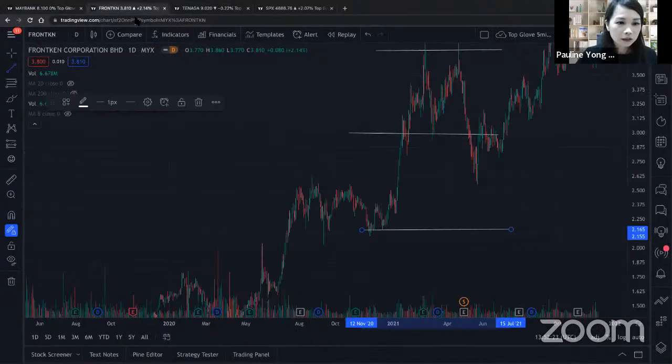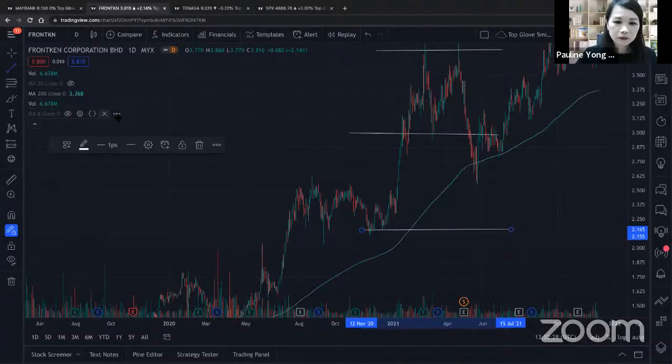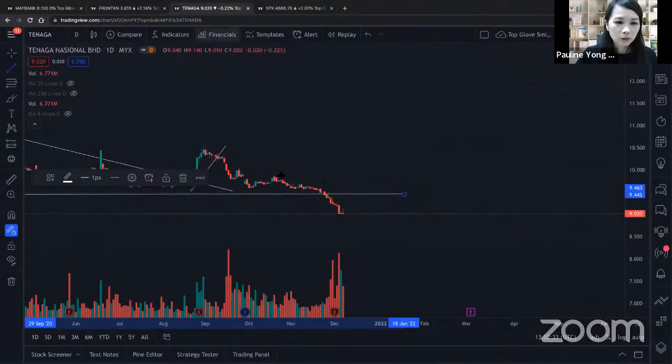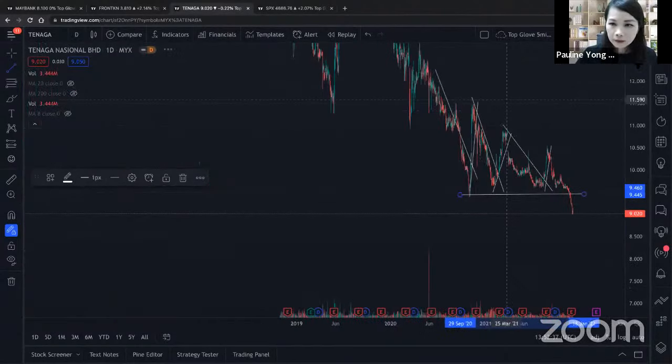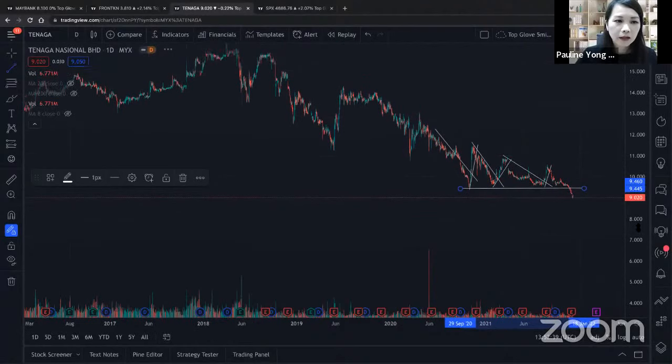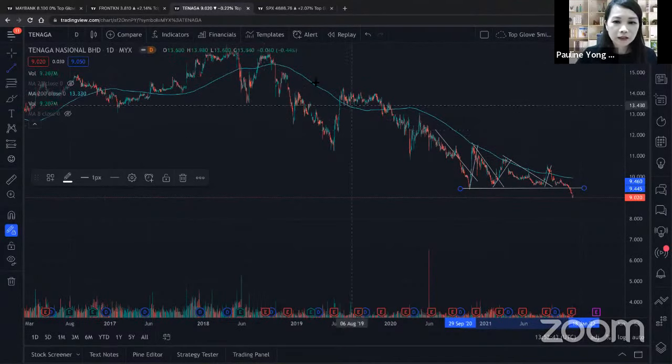How do I know it is an uptrend? I use my 200-day moving average line. You see, I can see that I'm on the uptrend. How do I know when I'm on the downtrend here? I look at the 200-day moving average line, and it is a downtrend.